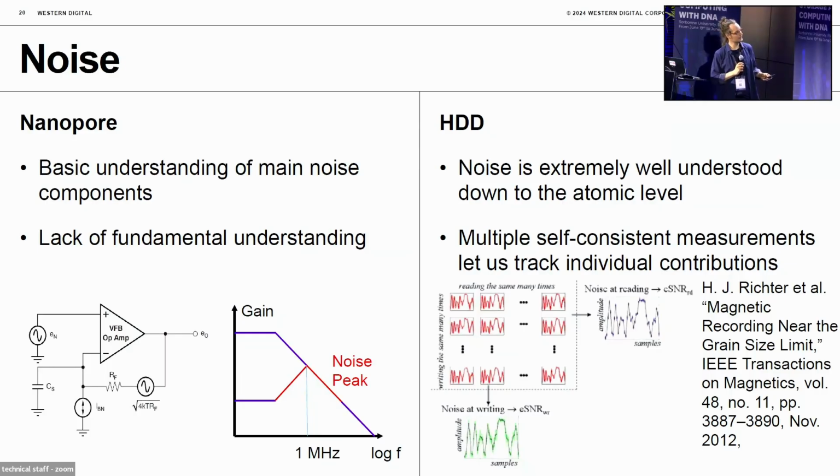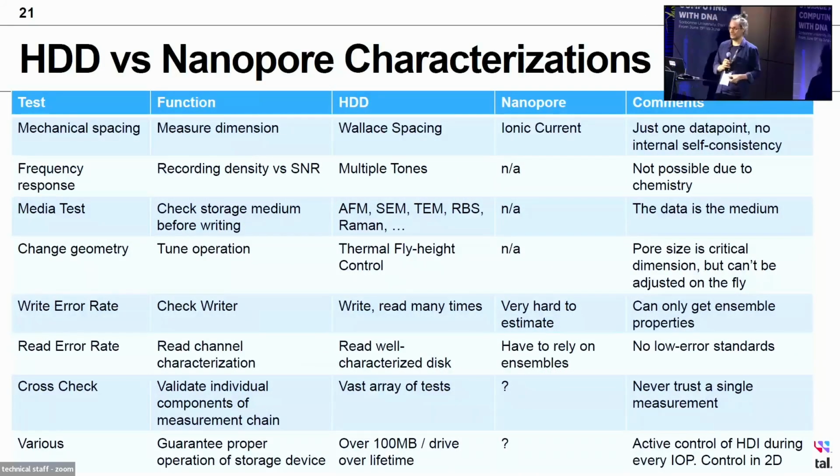What he does is he is writing the same data many times into different spots, and then he reads back every spot again many times, and that way you can separate write and read errors and get all kinds of information. These are the kind of sophisticated experiments that we do to characterize recording systems, and all this still needs to be done for the DNA channel in general.